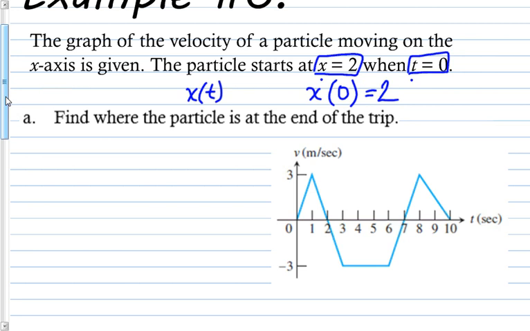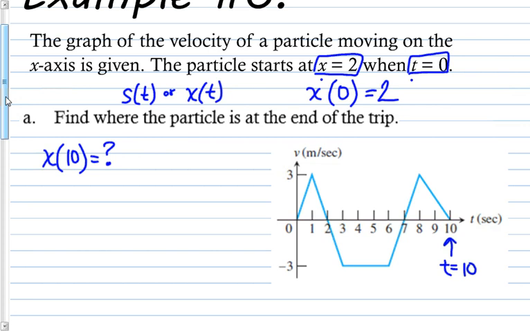Sometimes they call it s of t. I'm trying to think of anything else, but that's basically s of t or x of t. Okay? Alright. So what we're looking for is this. What is the position when t equals 10?